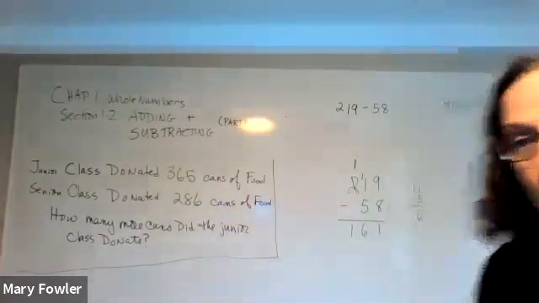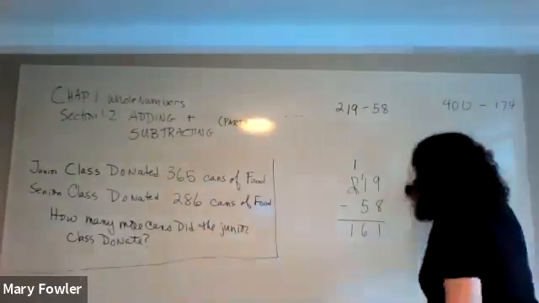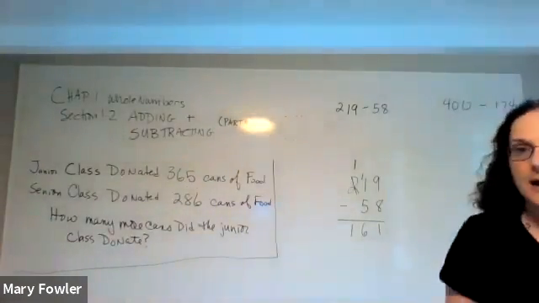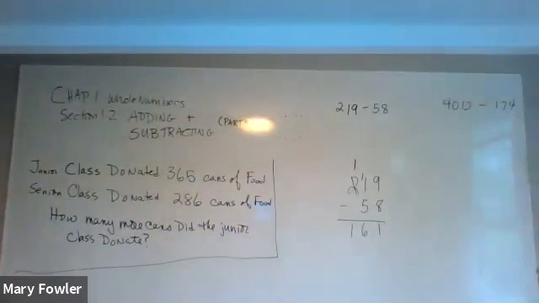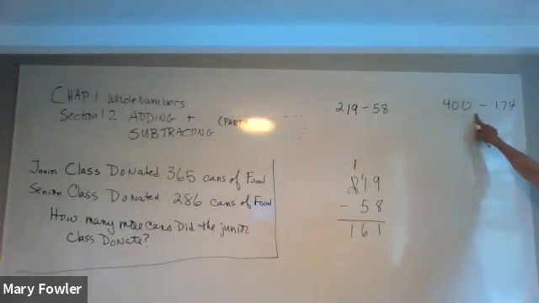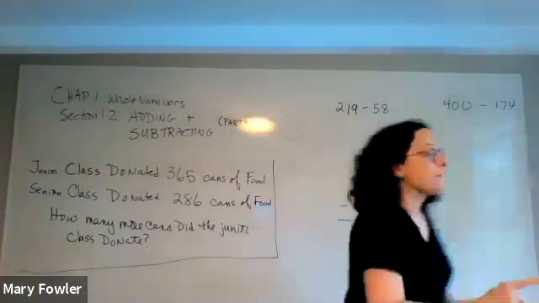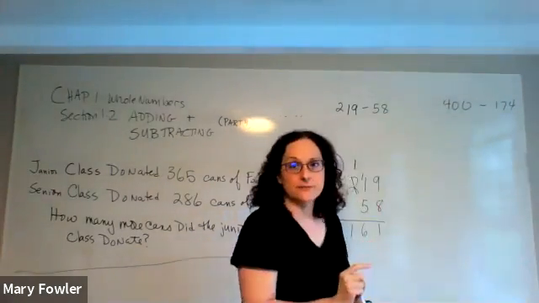Okay, so we have another problem. It's also going to have a lot of borrowing in it, because I think that's where the challenges are with subtraction. So it is 400 minus 174.